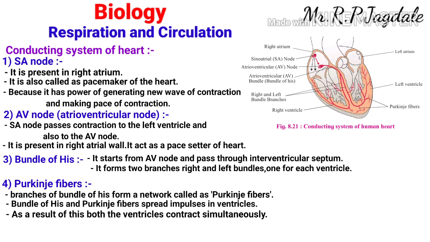That's why the message goes from the SA node to the ventricles by that conducting system, finally resulting in both the ventricles contracting at the same time. This is about the conducting system of the heart.